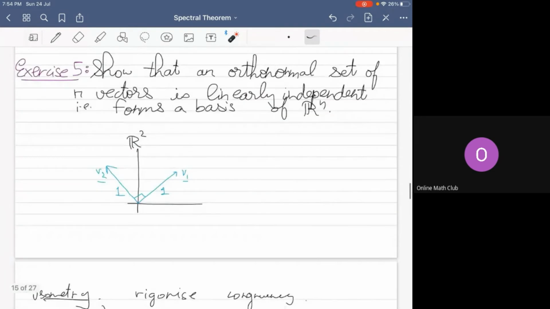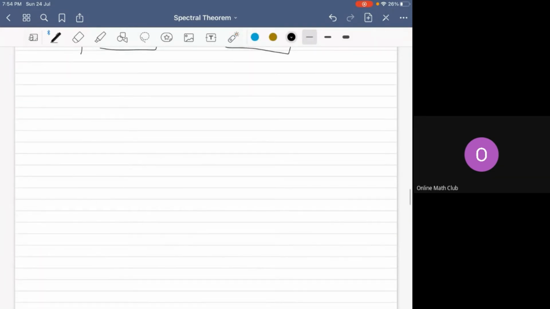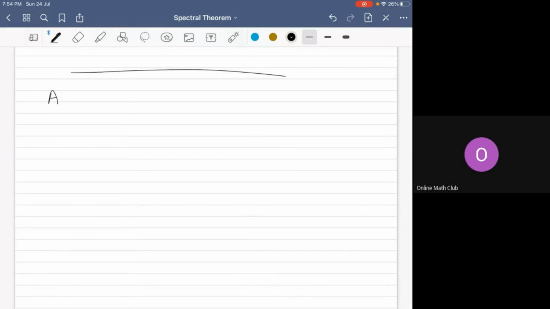Okay. Now we define a matrix. Let's say a matrix A, which is an n by n matrix, to be orthogonal if A transpose A is the identity matrix.